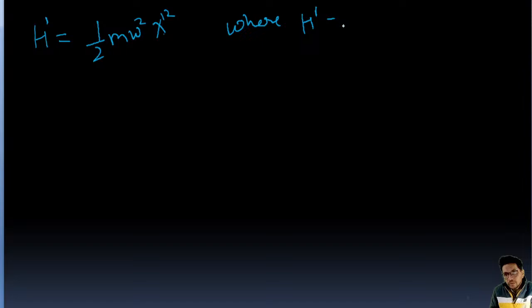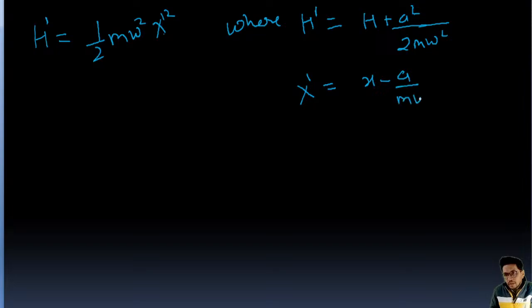H dash equals H plus a square upon 2m omega square, and x dash equals x minus a upon m omega square.